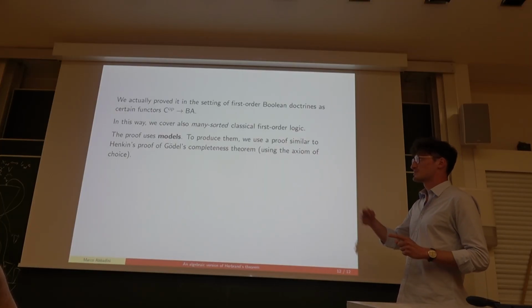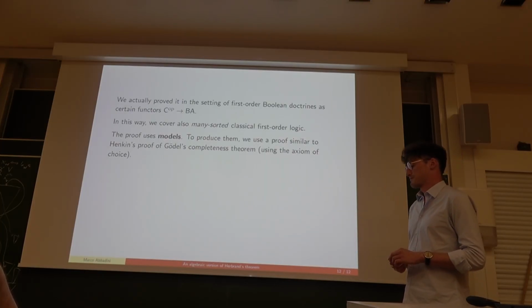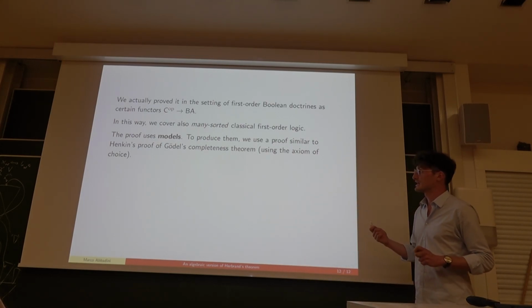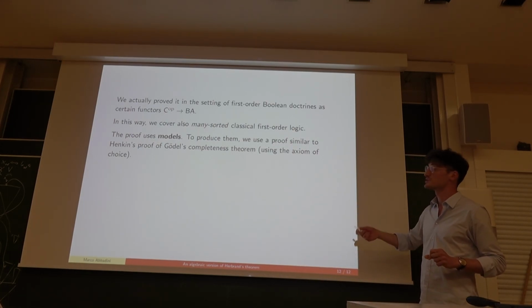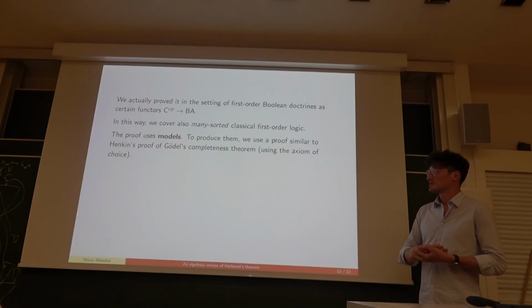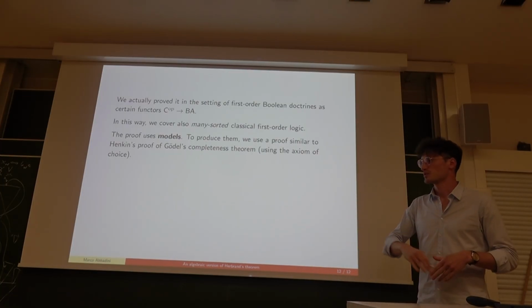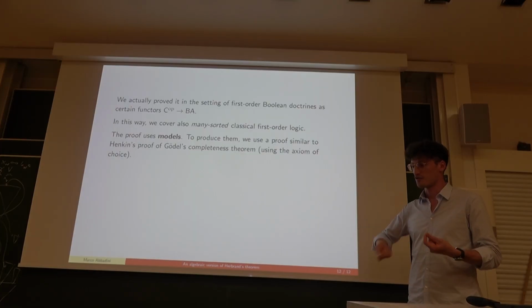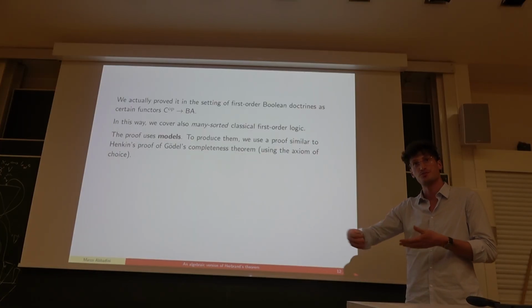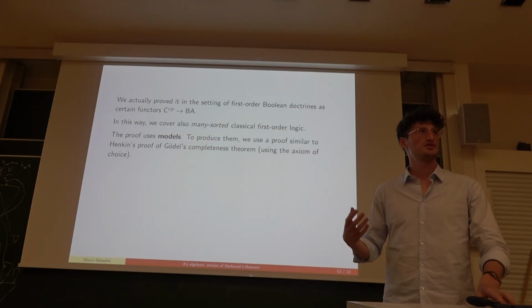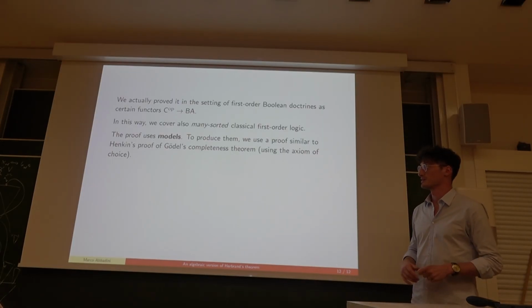And I cannot sketch the proof now, but the proof uses models. And to produce them, we use a proof similar to Henkin's proof of Gödel's completeness theorem. And we combine this technique of using models with the universal property of the quantifier completion to get the result.